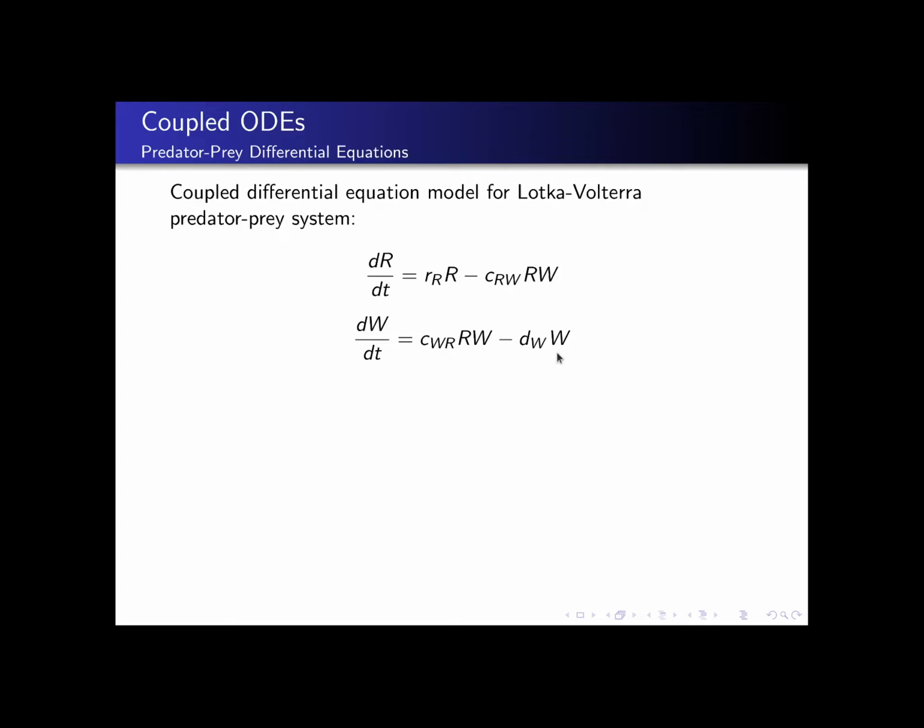Since in this particular model we're assuming that the wolves have no predators, they have a natural death rate. They just live so long, assuming they have food. But if they don't have enough food, they're going to die out sooner. So that's why it's a function not only of how many wolves there are, but also how many rabbits there are. So this is their conversion efficiency, if you will.